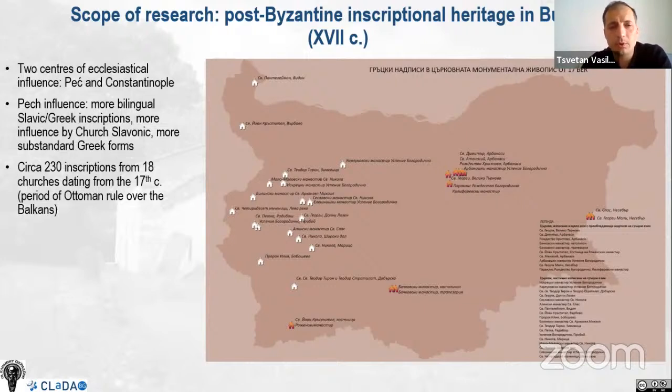And we have more influence by Church Slavonic and substandard Greek language. And on the right, you see more influence from Constantinople, which is the expected thing, maybe, because it is closer to Constantinople.